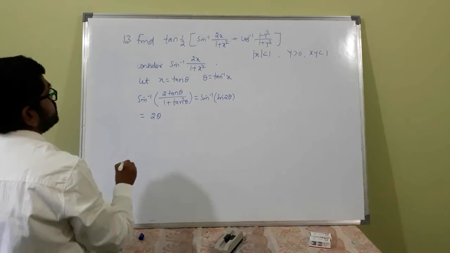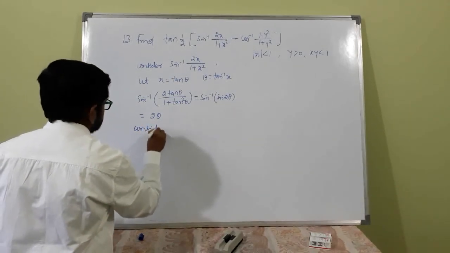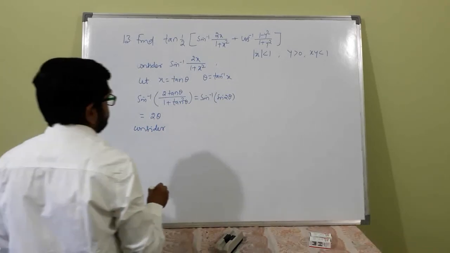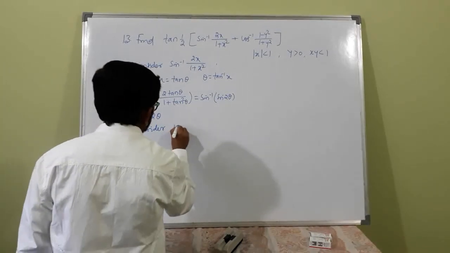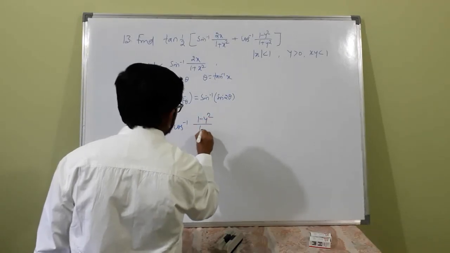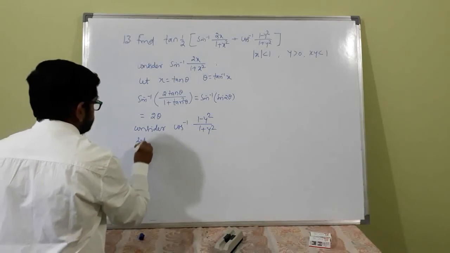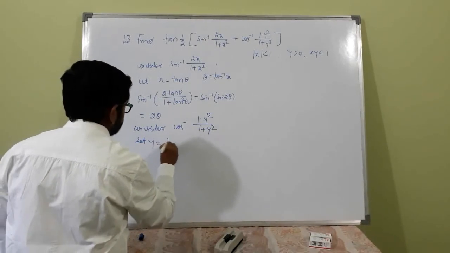Next, again consider cos inverse of 1 minus y square divided by 1 plus y square. Let y is equal to tan phi.